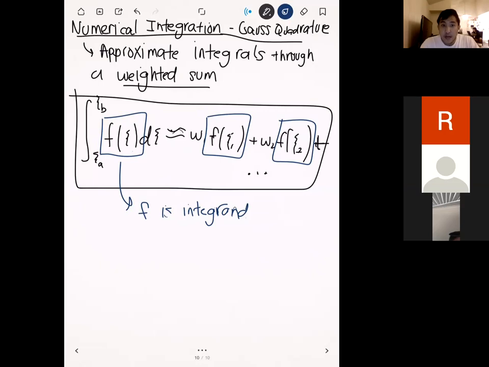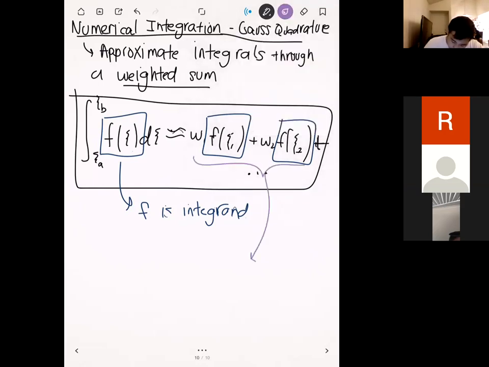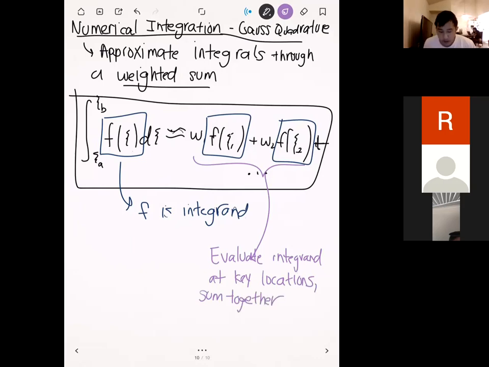What we're going to do instead is just evaluate the integrand at some key locations, and then sum them together. But when we sum them together, we're going to multiply each term by a weight.